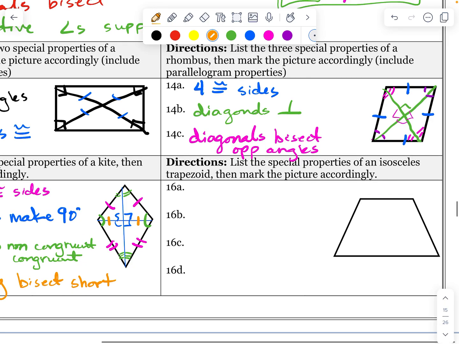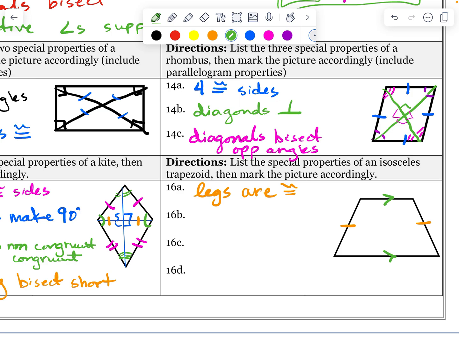Last one, we've got an isosceles trapezoid. So that means that two legs are equal. It means those, because it's a trapezoid, the bases are parallel. The base angles are congruent. So these two guys are congruent.